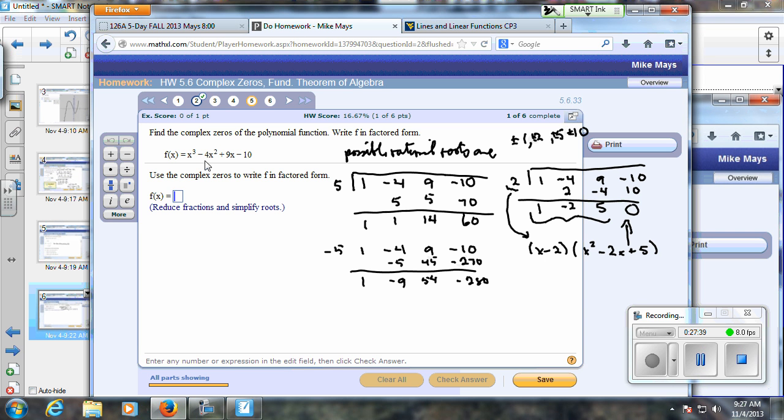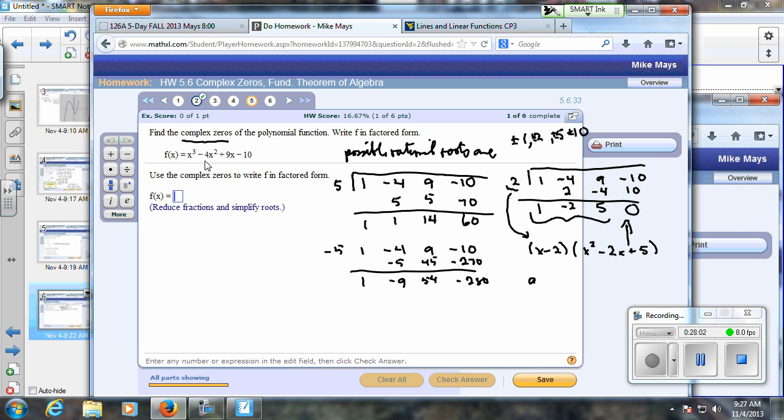So now I can write down f of x in factored form. I can get x minus 2 times x squared minus 2x plus 5. That's one version of factored form. They're asking for complex zeros, so they probably want to see all of the complex zeros. So let's solve this equation.